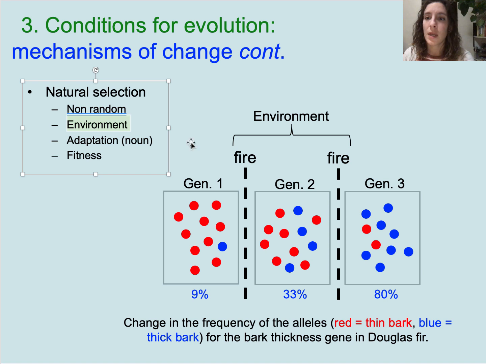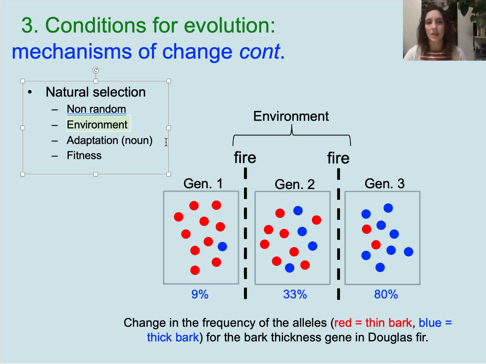An environment is the selective agent here, and it's sort of selecting which individuals will survive and which individuals will die, right? So it's not random, right? The environment is not random.